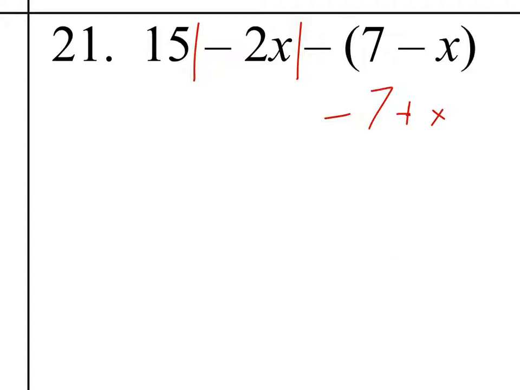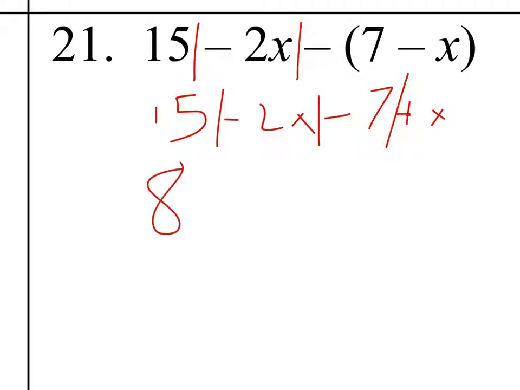And then I'll just keep going with the problem. 15 minus 7 is 8. Then minus 1x. How do you get minus 1x? Because negative 2x plus x.